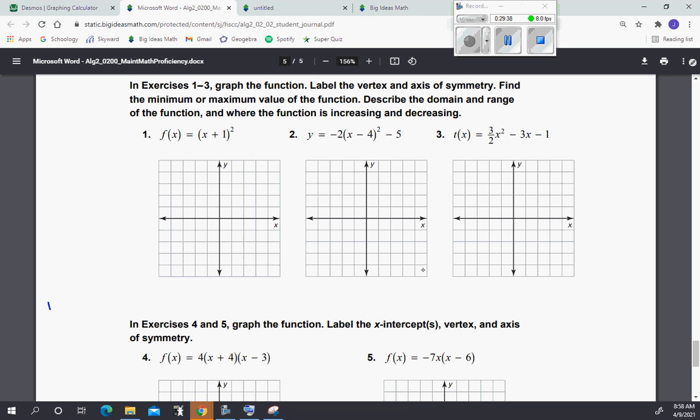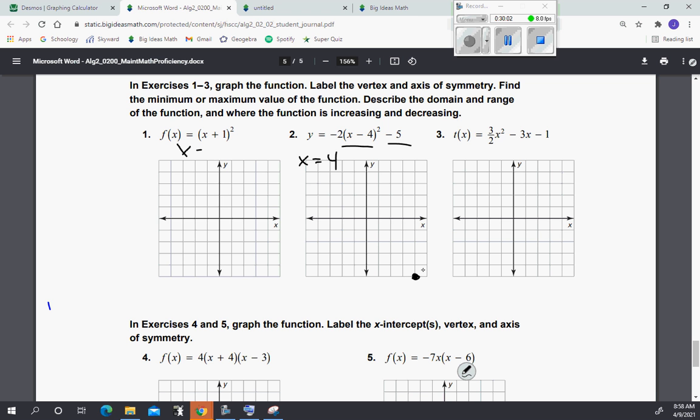How about this one? This goes right 4, down 5, so right 1, 2, 3, 4, down 1, 2, 3, 4, 5. Okay, there's my vertex. My axis of symmetry is what? X equals 4.